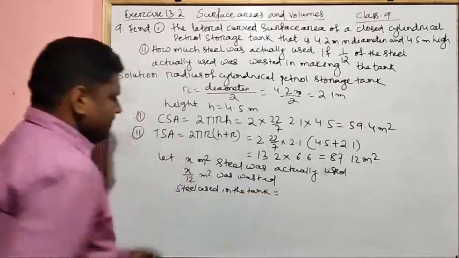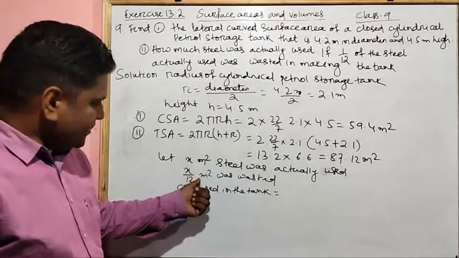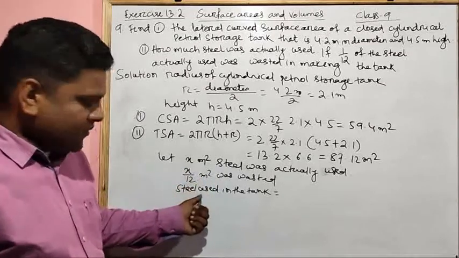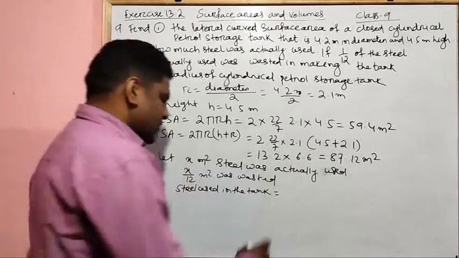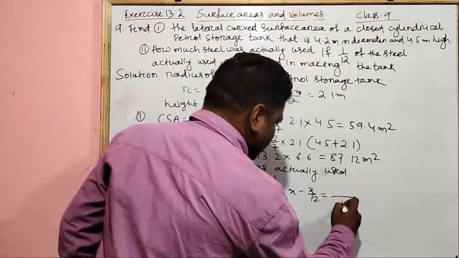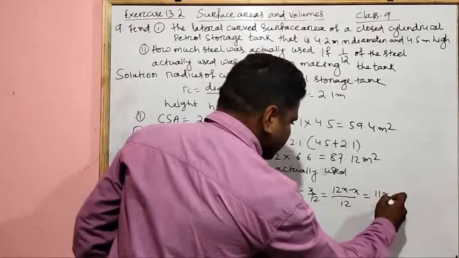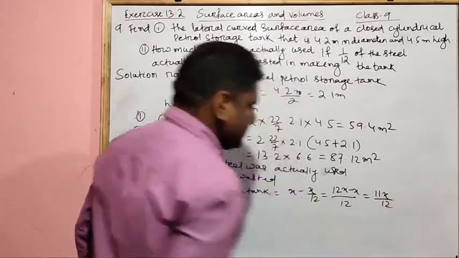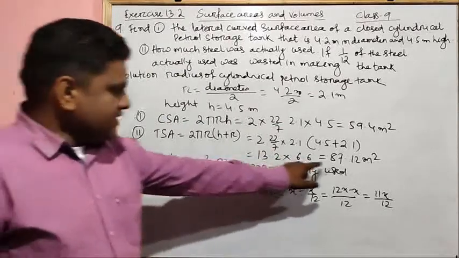See here, actually x meter square steel the manufacturer has taken, this much was wasted, so the amount of steel in the tank will be x minus x by 12, it will be 12x minus x equal to 11x by 12. This much steel was actually used, and total surface area is 87.12.